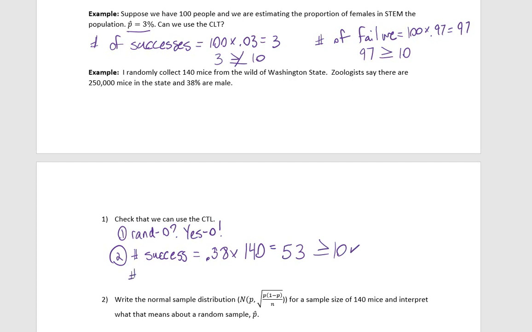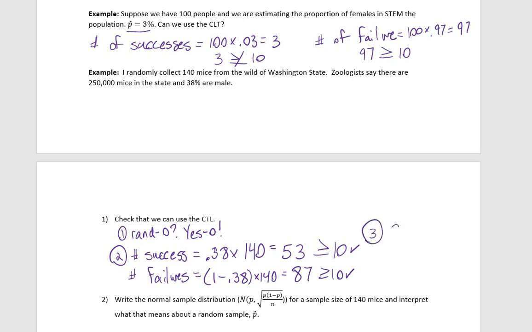Number of failures is going to be 1 minus that 0.38 times 140, which is going to give me roughly 87, which is also greater than or equal to 10. Great. So, since I can expect at least 10 successes and 10 failures, that means that my sample size is going to be big enough.